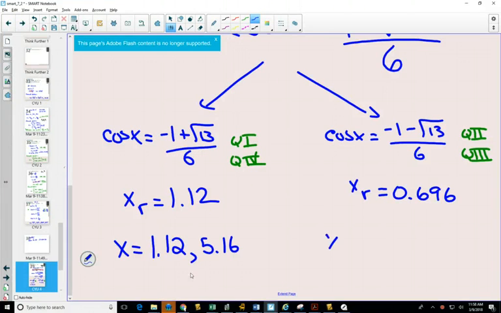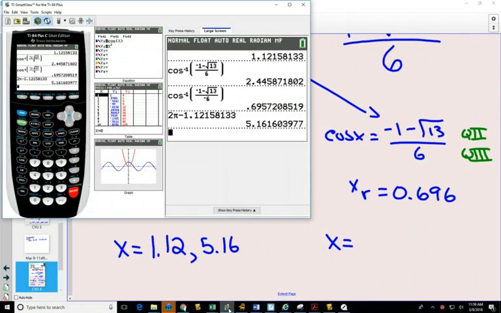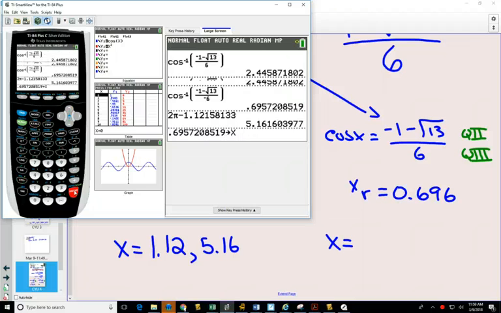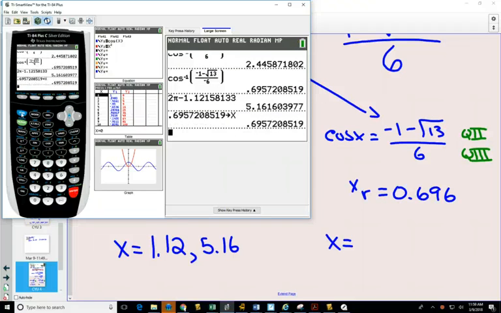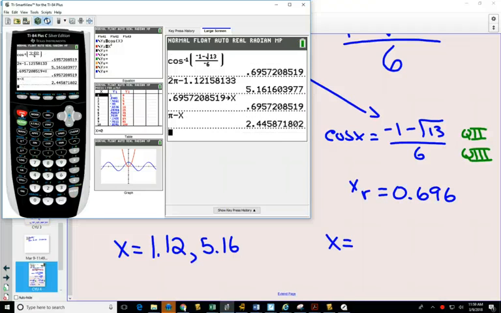And for these answers in quadrant 2 and quadrant 3, I'm going to steal this answer here and store it as x. Then in quadrant 2, it'll be pi minus my reference angle. In quadrant 3, pi plus my reference angle.